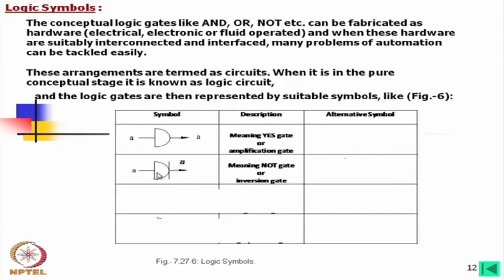Now, here we find the same D, but with a vertical bar. In that case, A is input and the output is the reverse of A. That means if A is 1, let us consider 1 and 0. Suppose 1 means there is a flow and 0 means there is no flow, then the inverse of no flow must be that flow is there.